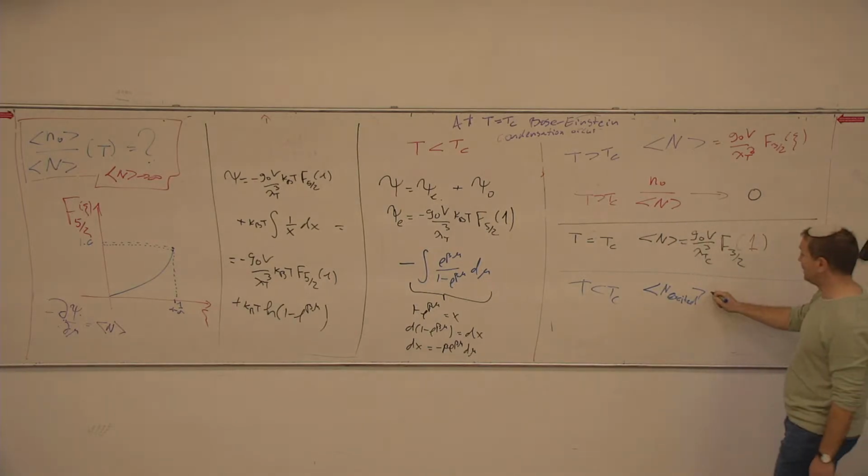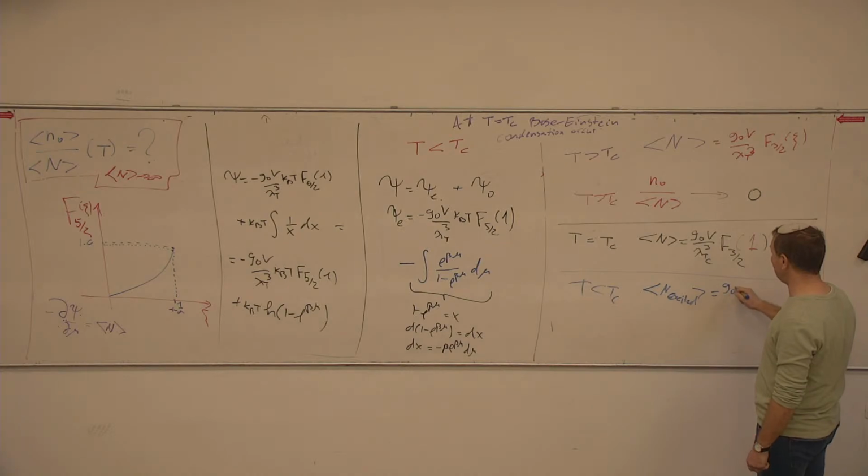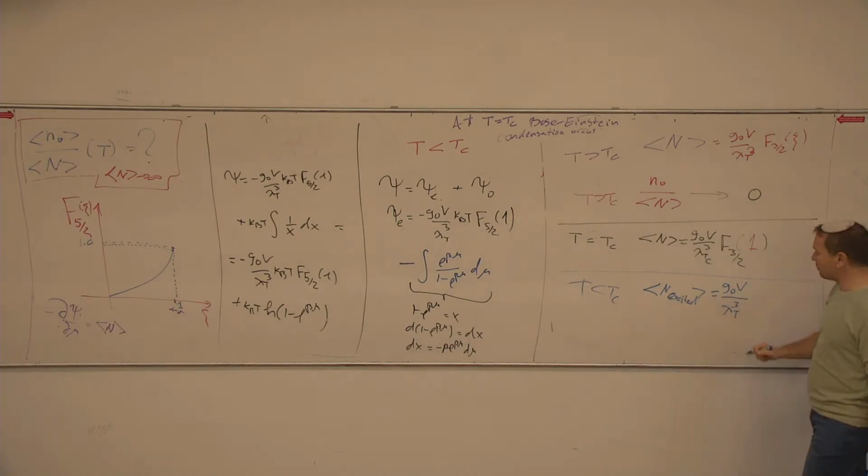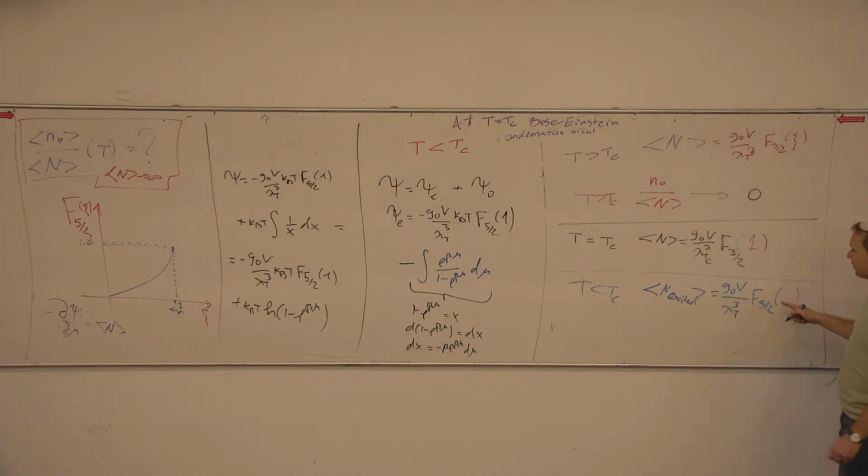What is this? It is G0 V over lambda T to the third power of f 3/2 of what? What is the fugacity in this approximation below the critical temperature? What do I plug inside over here?